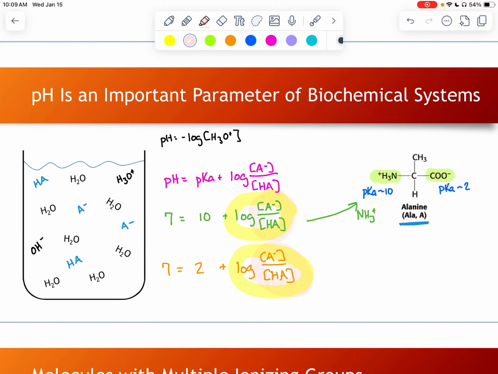So that carboxylate group is going to be deprotonated. We're going to have a lot more of the deprotonated or the base version of the molecule. And this is what we find for amino acids at physiological pH, and that's why we oftentimes write them this way instead of NH2 and COH.